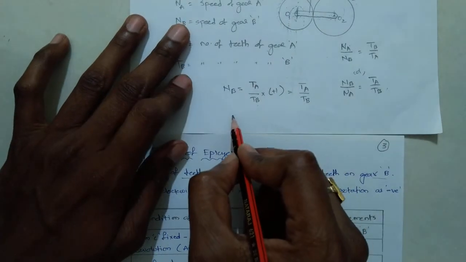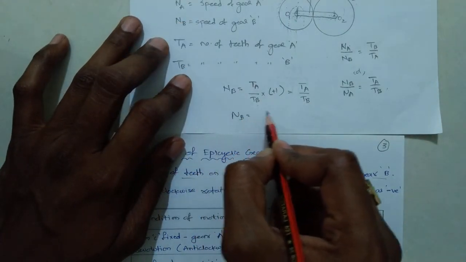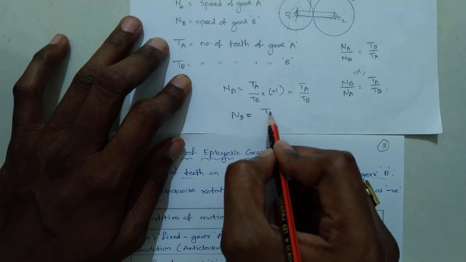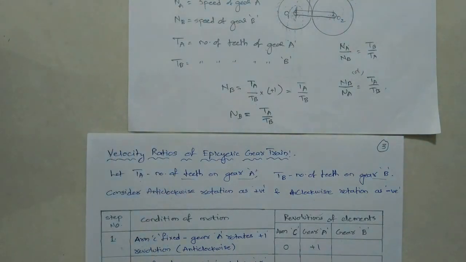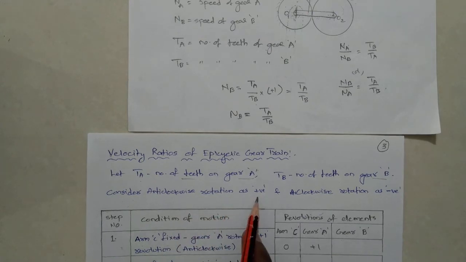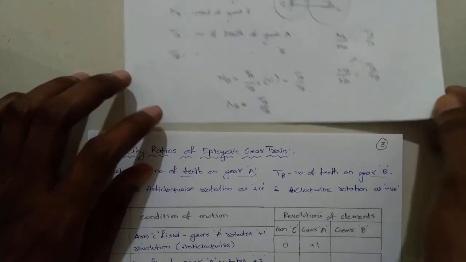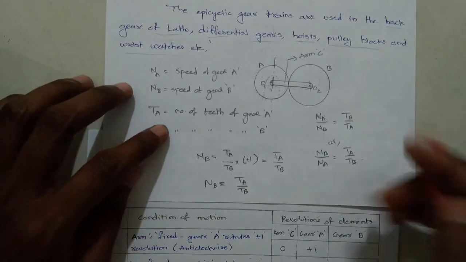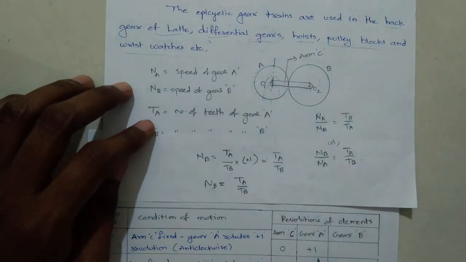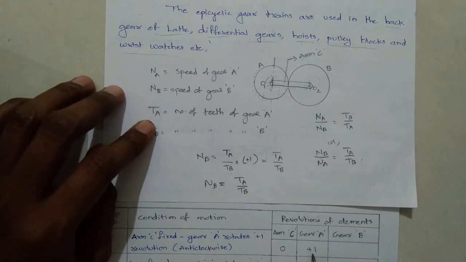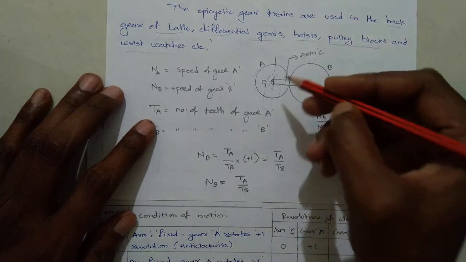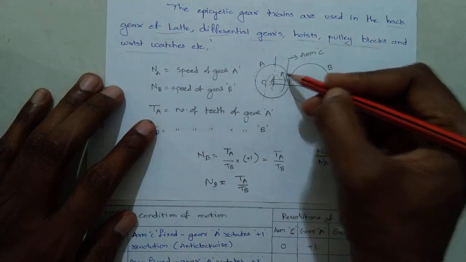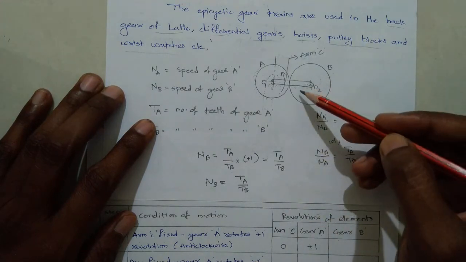NB is equal to TA by TB. But there is a small logic here. What he told: consider anti-clockwise rotation as positive and clockwise rotation as negative. Now in this epicyclic gear train, gear A has plus 1 revolution. Plus indicates it is rotating anti-clockwise. If this is rotating anti-clockwise, what is the direction of rotation of B?